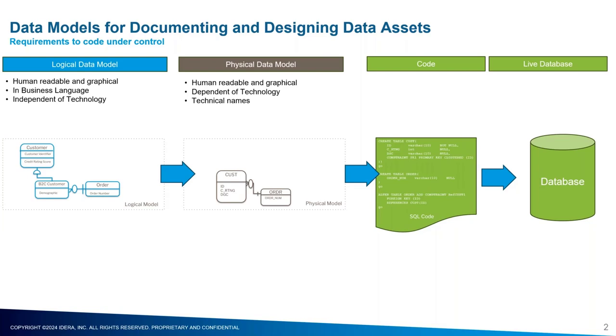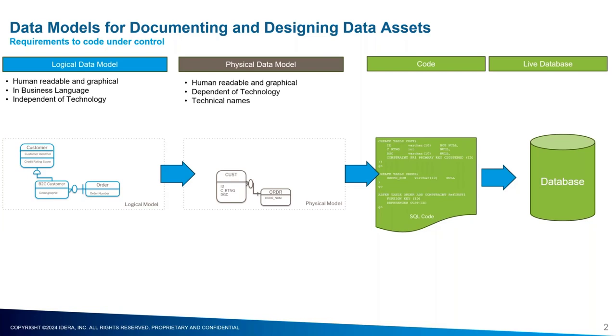Then generally we've got to get from that to the code that we're looking at on the right-hand side. This is where the physical data model comes in, which again is based around a picture, but in this case is dependent on the technology, and various technologies have rules like naming conventions. You can't have spaces in the names, there's a limit on the number of characters, different data types, and all sorts of features of the database.